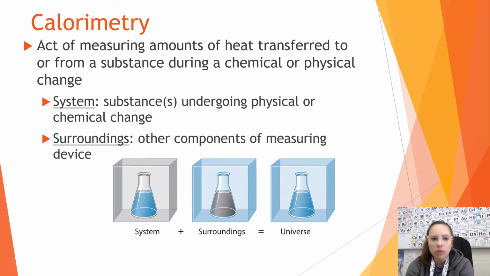So calorimetry is measuring amounts of heat transferred to or from a substance during a chemical or physical change. So something we need to keep in mind, a system is whatever is undergoing the physical or chemical change, and then the surroundings are other components of the measuring device. So when we talk about something transferring heat to its surroundings, we're saying that heat goes from the system into the surroundings.